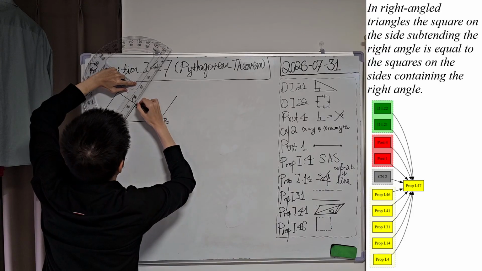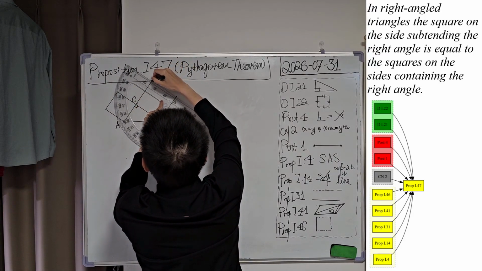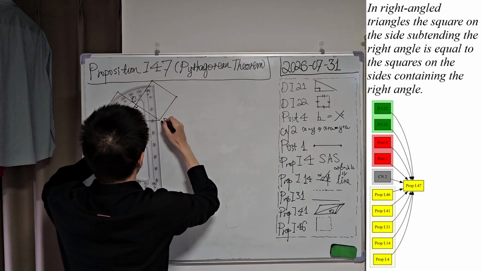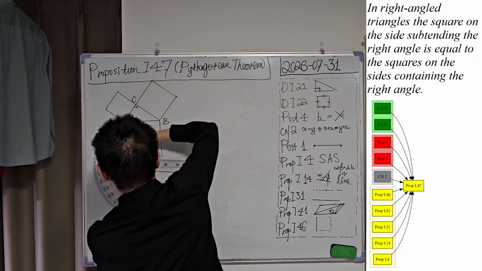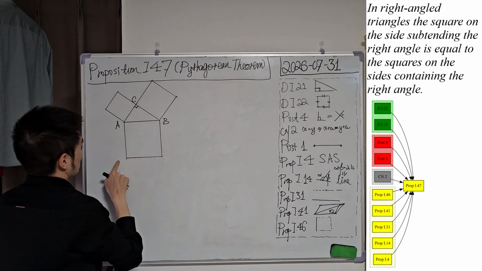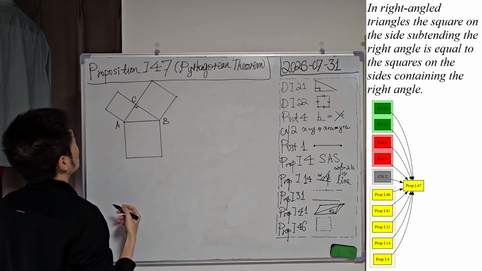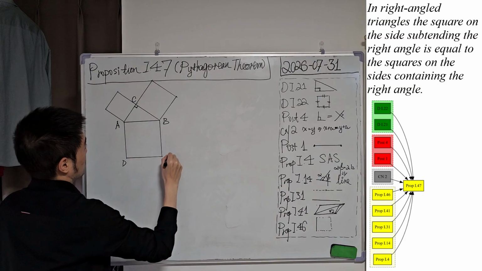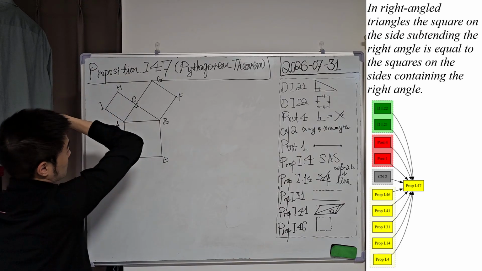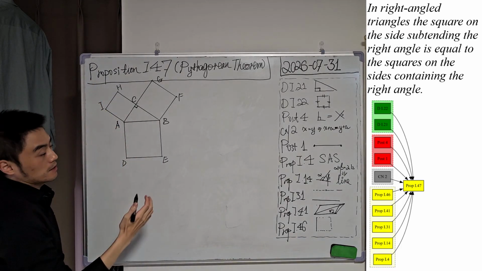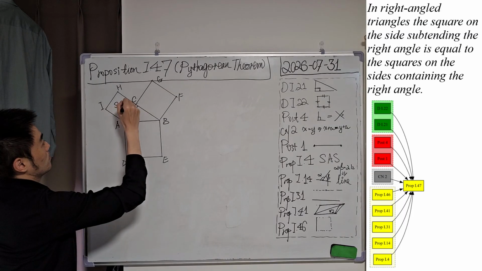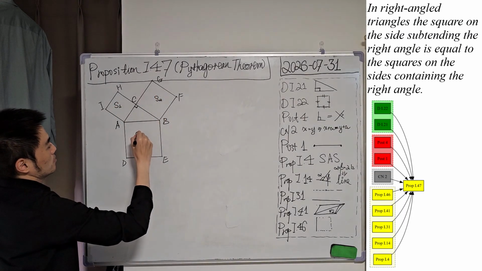So there will be three squares. Let's mark them as D, E, F, G, H, I. And for convenience, let's give them some simple names: square 1, square 2, and square 3.